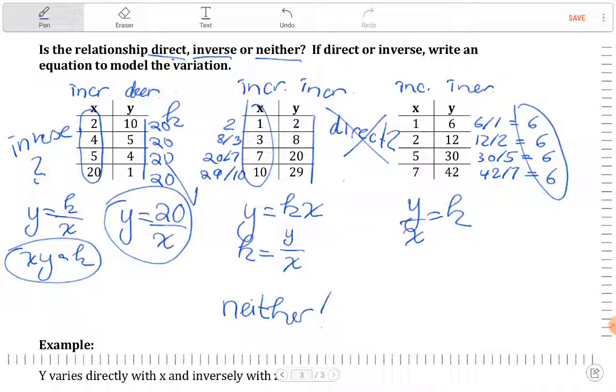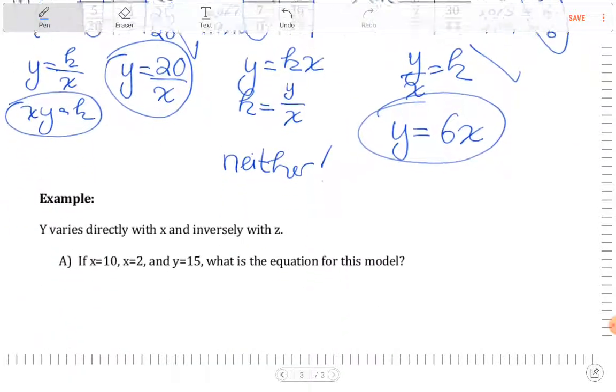Because all constants are 6, they're all the same, I can now determine that yes, this actually is a direct variation. So I can put it in the form of y equals 6x.